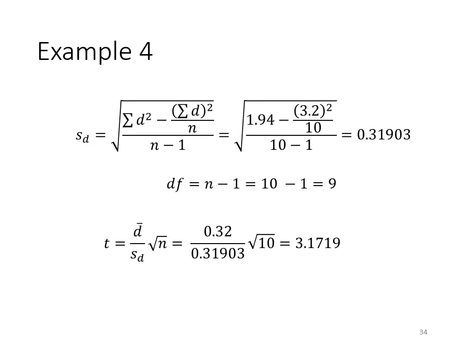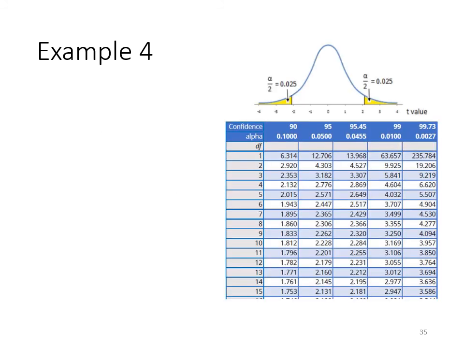I then use the equation for S sub D. I then calculate S sub D is 0.319. My degrees of freedom, 10 minus 1. I then calculate t. So I have a t value of 3.17. That's my calculated or experimental t value.